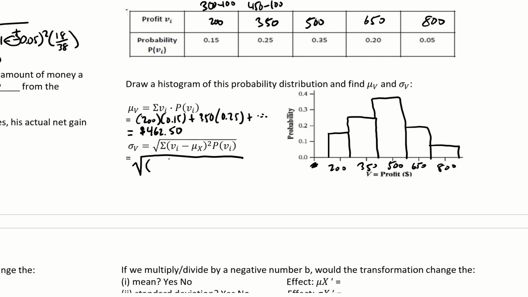We take the x value minus the mean, which we just calculated as 462.50, squared, times the probability 0.15. You repeat that for 350 minus 462.50 squared times 0.25, and so on. And we get $163.46. I'm going to show you how to do this on the calculator, because throughout the lesson we're going to be calculating these and we need to do them quickly.